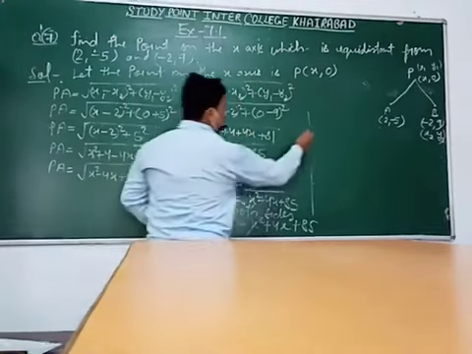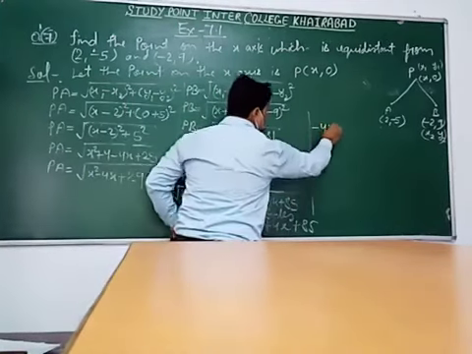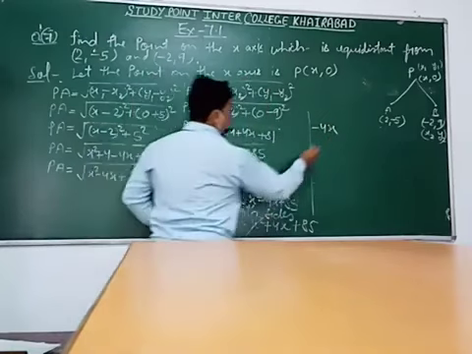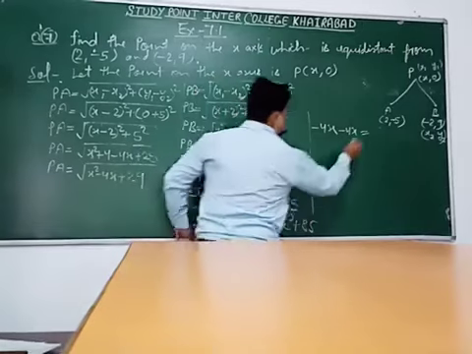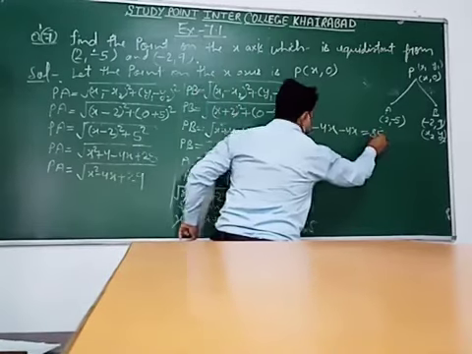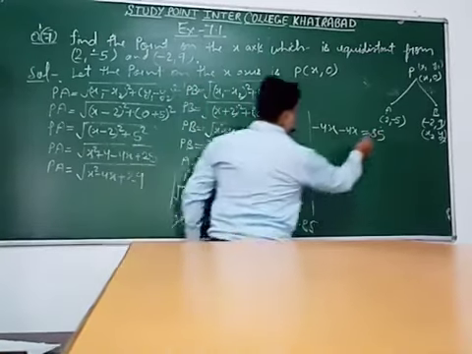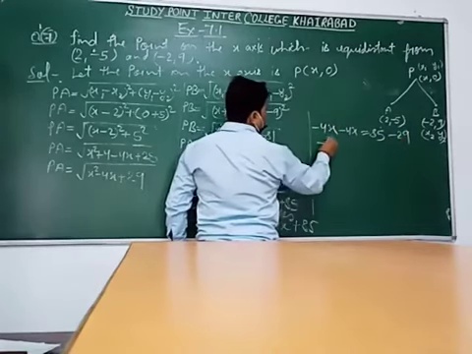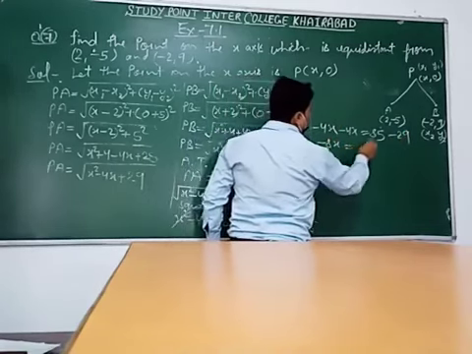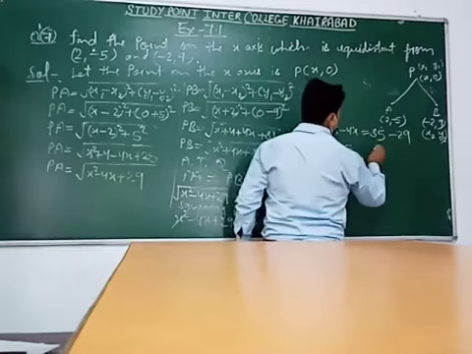Shift 4x this side, it will be minus 8x. Shift 29 to that side, so it will be minus 8x equals 85 minus 29.